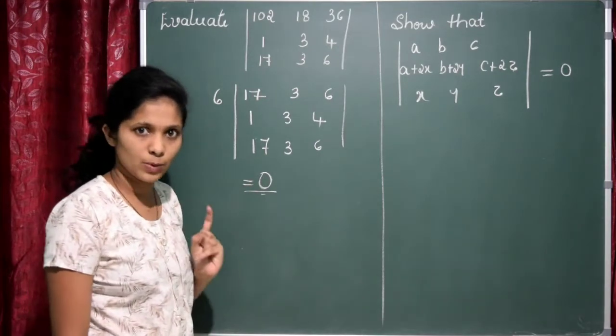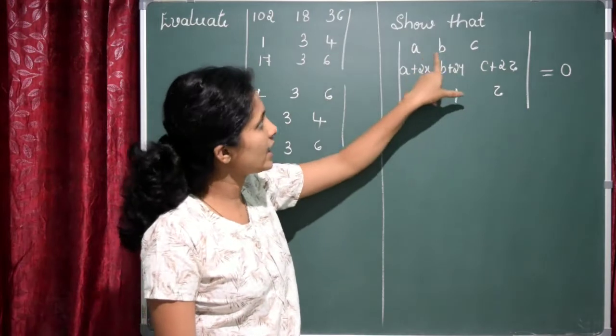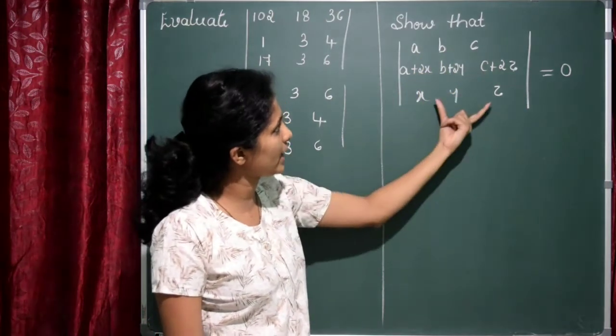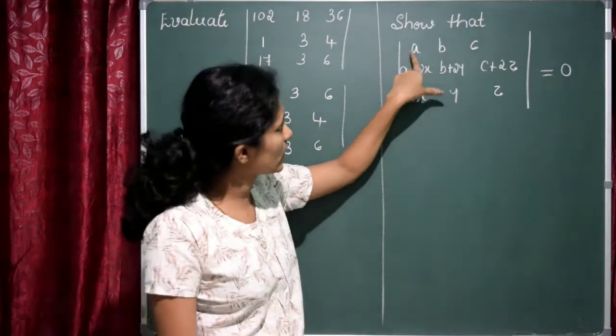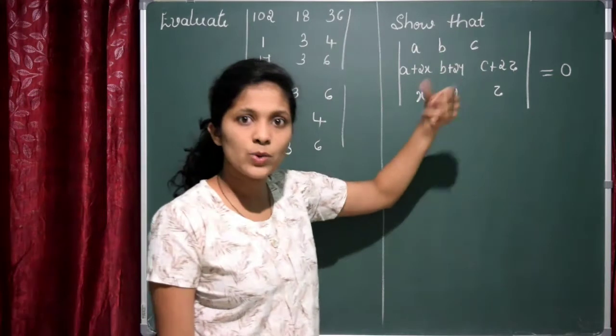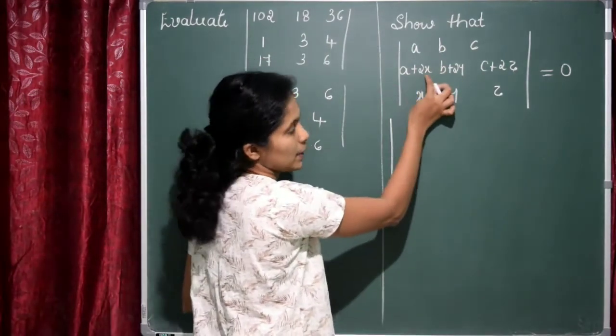Simple, 1 mark problem. Here also, the next one: show that the determinant with rows a, b, c; a plus 2x, b plus 2y, c plus 2z; and x, y, z is zero. Here you can see a, b, c is there, here also a, b, c is there, right? By using the fifth property, we can split this, since a plus 2x is there.